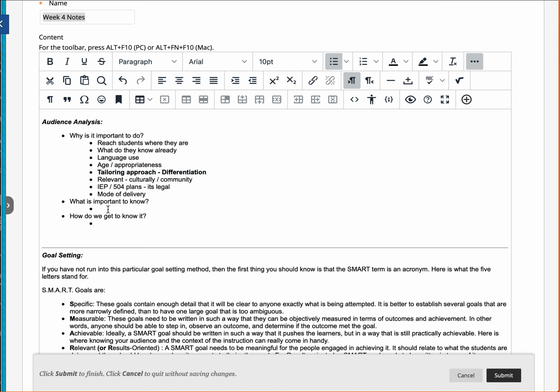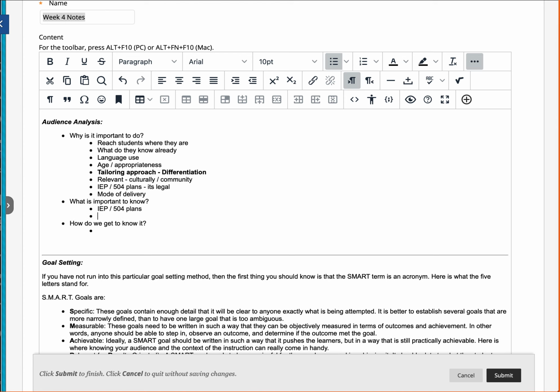So I know there's a little bit of overlap here. For example, I know I can put this one right on this next list, because the why of it was because we're legally responsible for it, but that's also something we need to know, which students have IEPs or 504 plans and what those are.